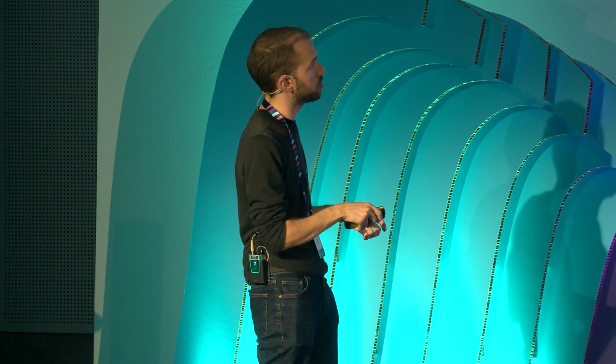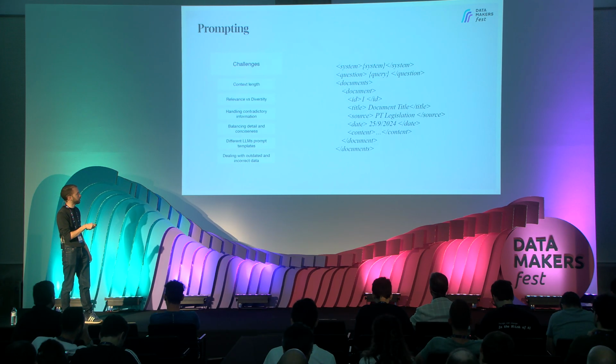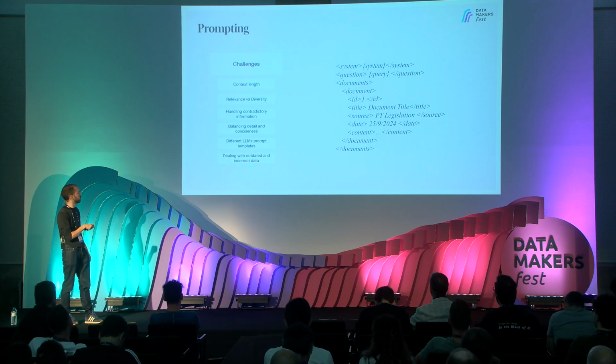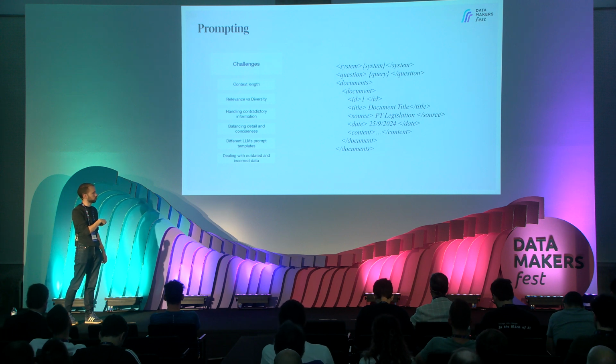Here is a prompt template that's usually used in Claude from Anthropic. Usually, GPT-4 and the most advanced LLMs can also do reasoning with these, but some are optimized better than others, so you have to take care of this. And of course, dealing with outdated and incorrect data: we prefer to do this in our search engine, so we don't want to risk sending this to the LLM.